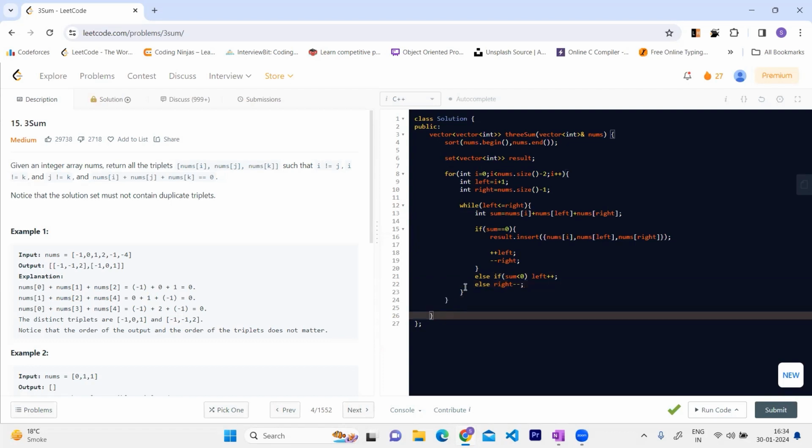At the end of this, we'll directly return the vector, which will contain our result, from beginning till end.